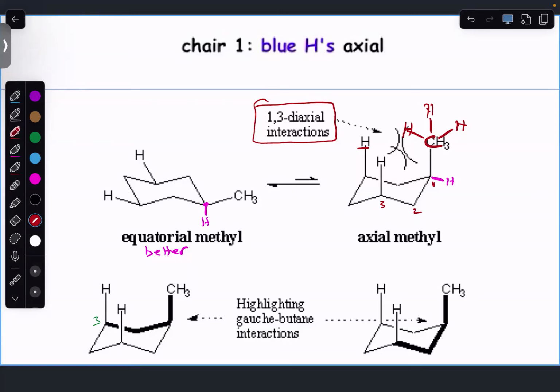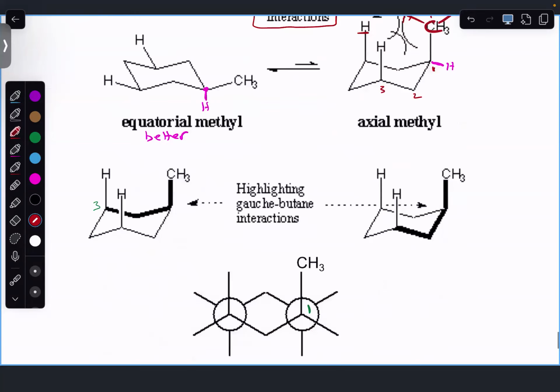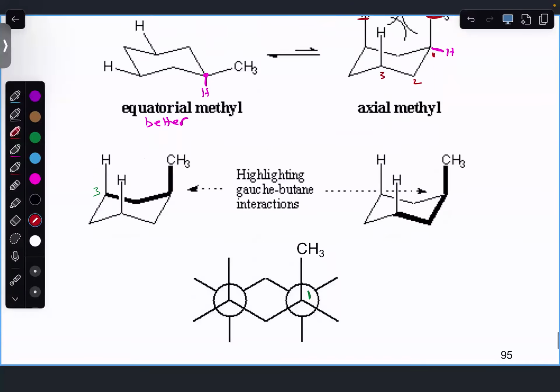In addition, this is one time I will show you a Newman projection of a ring. So this is the Newman projection of the methylcyclohexane.